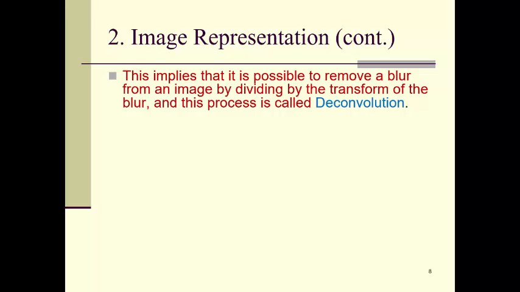So if I have g, how can I get the f? First of all, I need to convert it to the frequency domain, right? Then after that, if I divide by H(u,v), this should give me what? Capital F(u,v). Then after that, I can take the inverse Fourier transform.